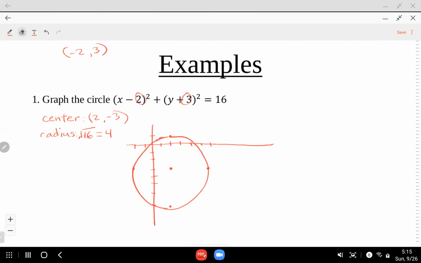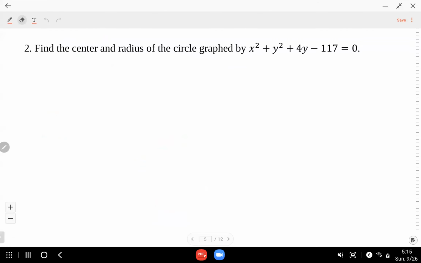Okay, so now we need to find the center and the radius of the circle graphed by x squared plus y squared plus 4y minus 117 equals 0. How do we do this? I'll give you a few moments to try and solve this problem, and then we'll check it.